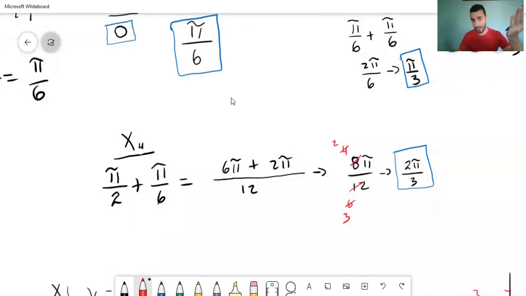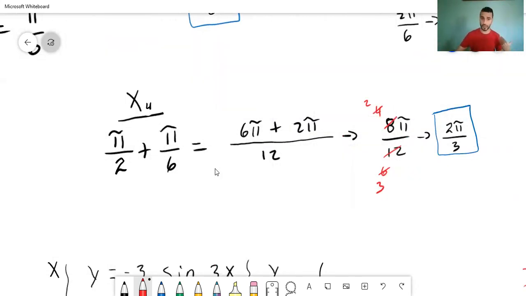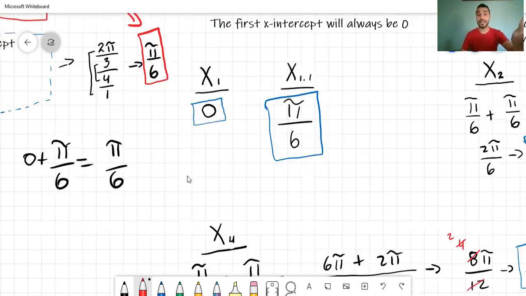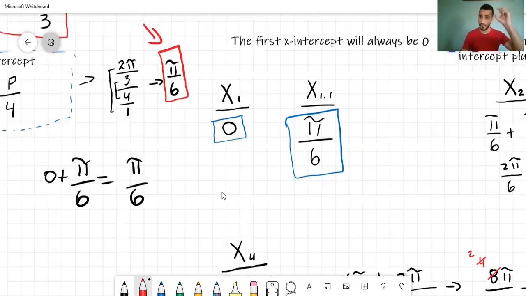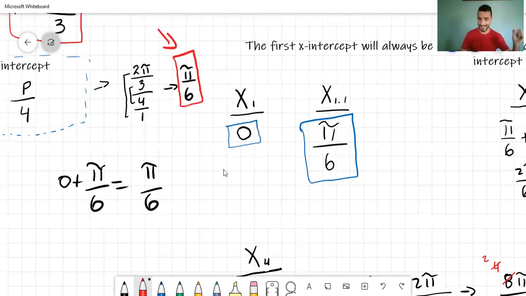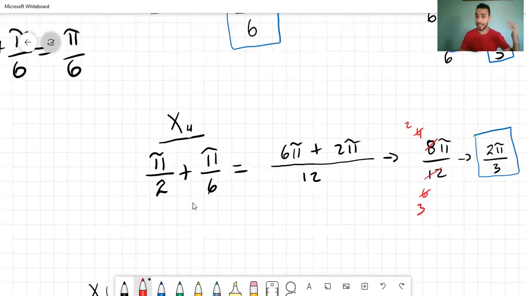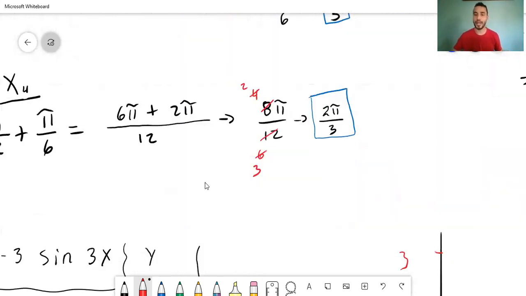So to find the next x-intercept, again, I'm going to take the previous intercept and add the number I got from dividing my period by 4, which is pi over 6. And here we have it. The answer at the end is going to be 2 pi over 3. Got it? 2 pi over 3.